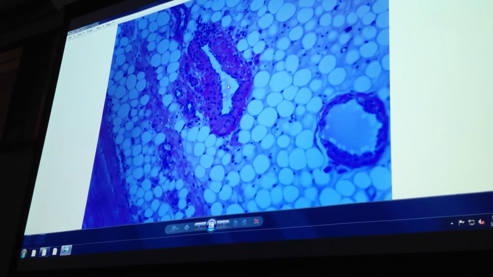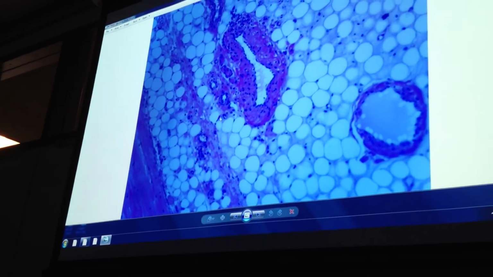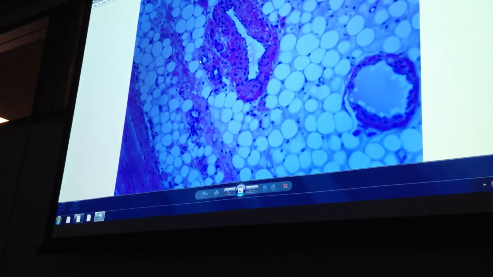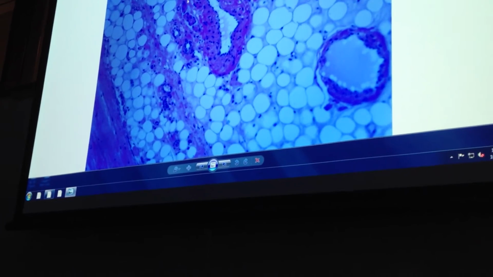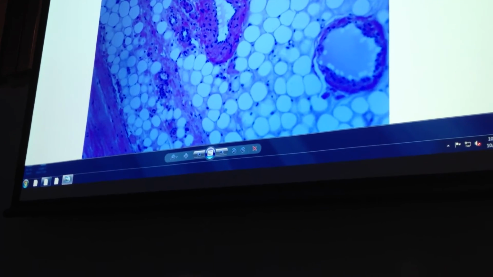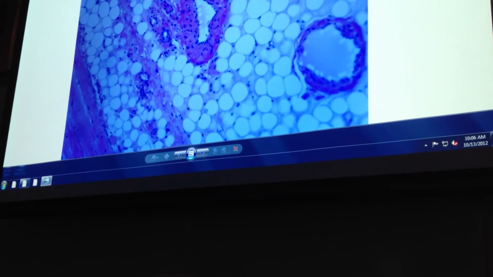Small artery. A little bit bigger artery. What'd I say about adipose? There are lots of capillaries, lots and lots of blood vessels everywhere. So capillaries will just be smaller than arteries. Small arteries are generally round because they've got smooth muscle.